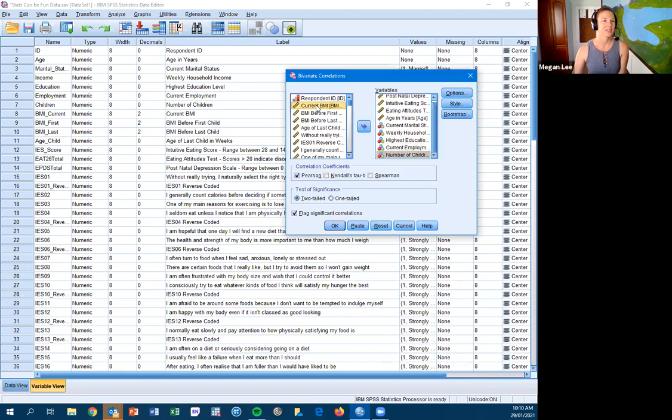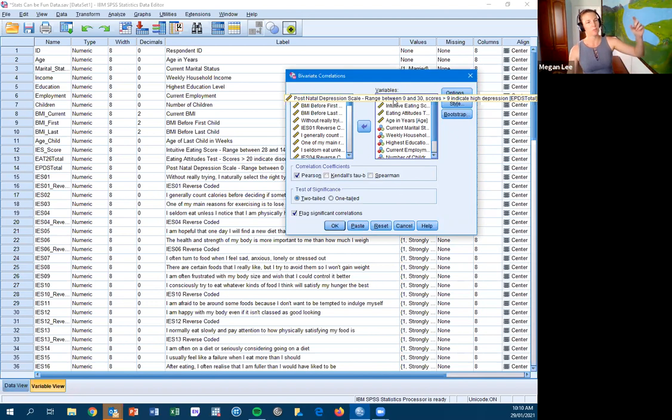All right. So putting all of our demographics in that are interesting. We've put our DV first, because when the graph comes out, it will be listed first and it will be easy to read. Then we'll put our IV, our covariate, and then all of our demographics. We want a two-tailed test because we don't have a directional research question, and it's pretty smart to only ever do two-tailed tests.